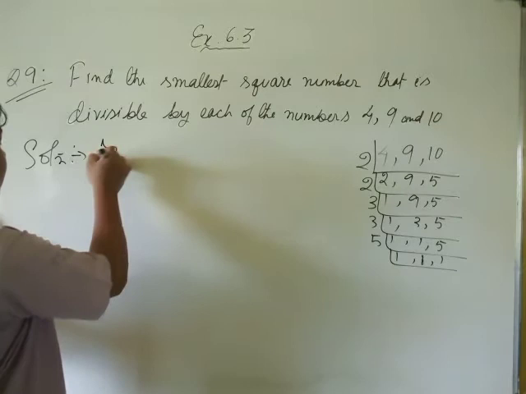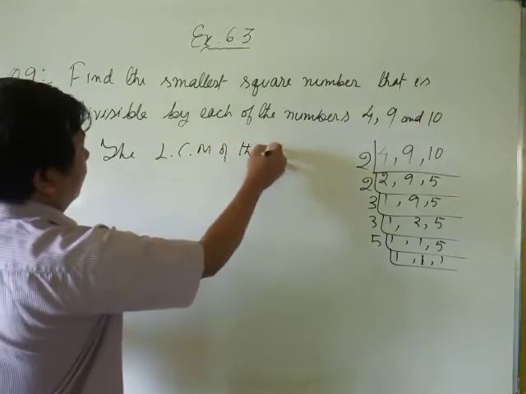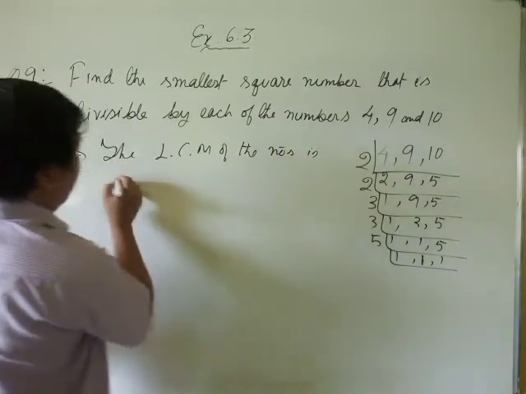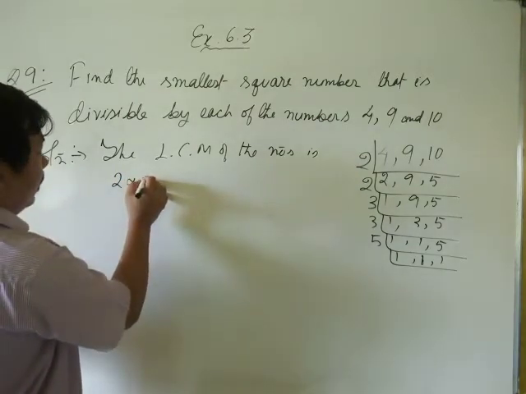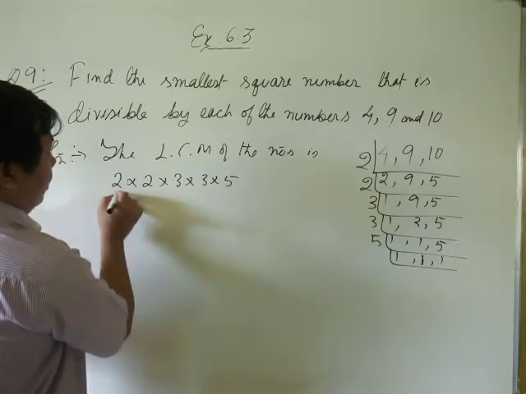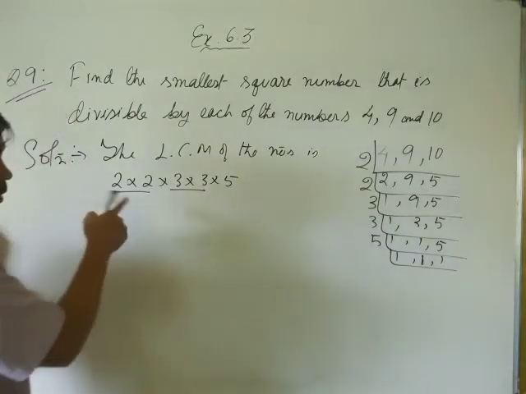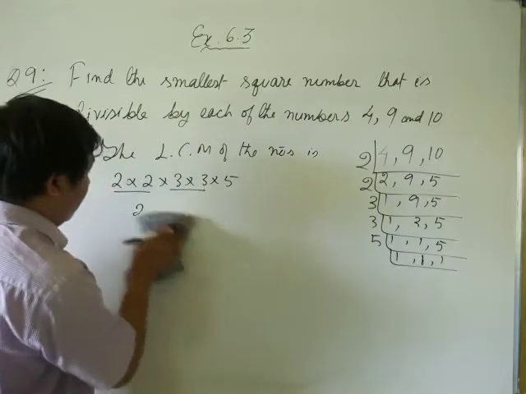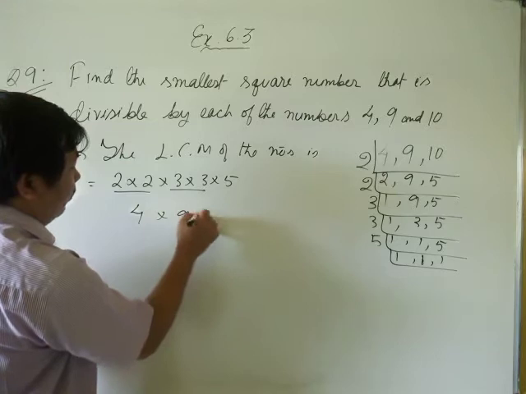The LCM of the numbers is 2 into 2 into 3 into 3 into 5. That is 2 to the power 2, 3 to the power 2. That means 4 into 9 into 5.